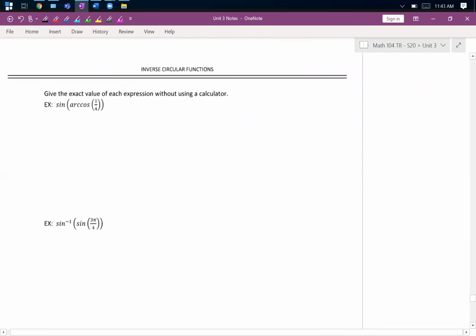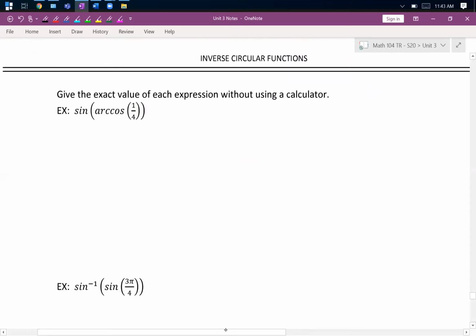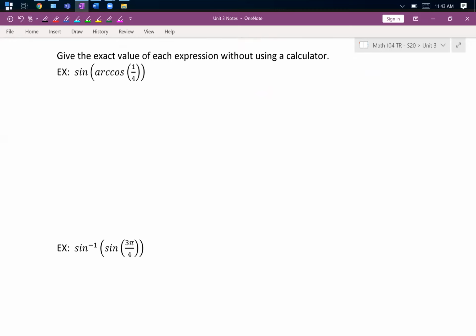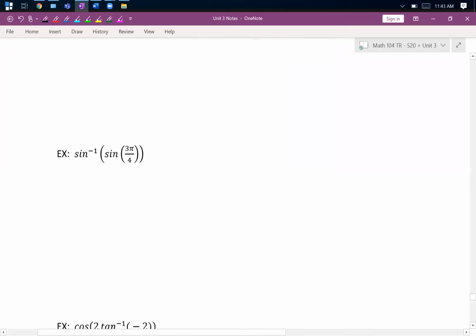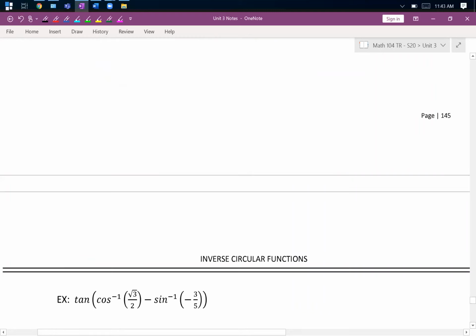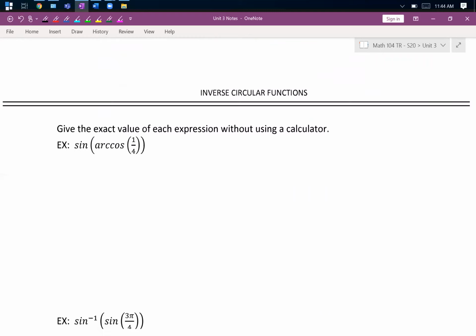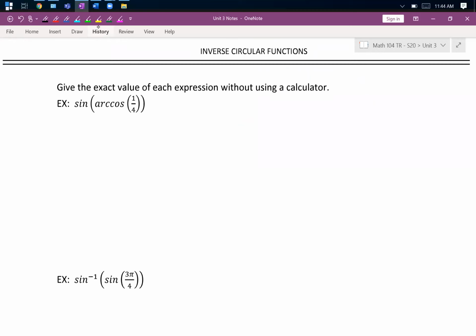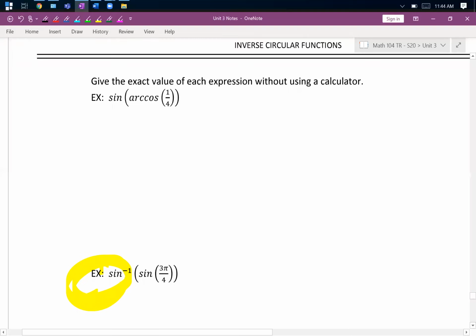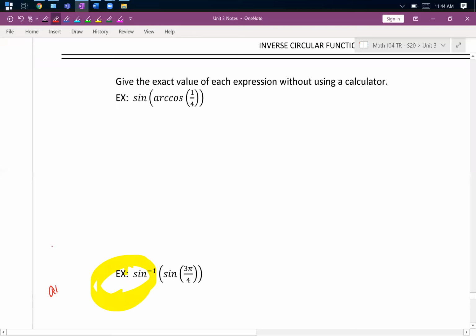Okay. So now we're going to look at some function compositions involving inverse trig functions. You'll notice as we scroll down the page, sometimes the inverse trig function is on the inside and sometimes it is on the outside. When the inverse trig function is on the outside, like this one here, we know that our answer is going to be an angle, because with function composition, we start on the inside and work our way out.